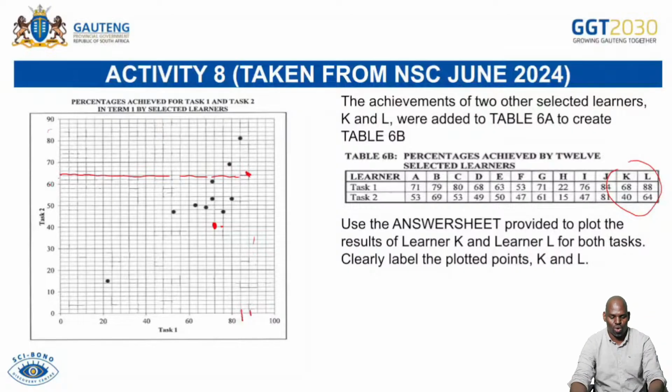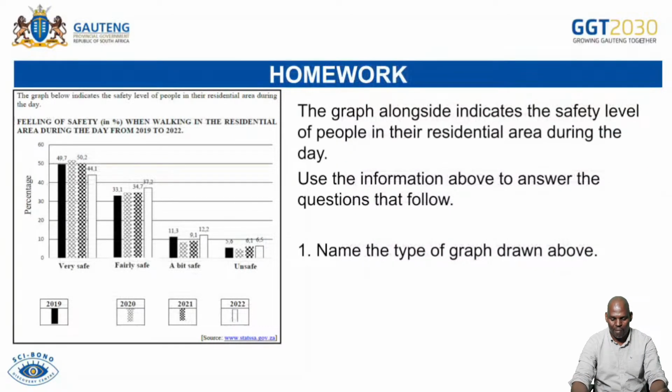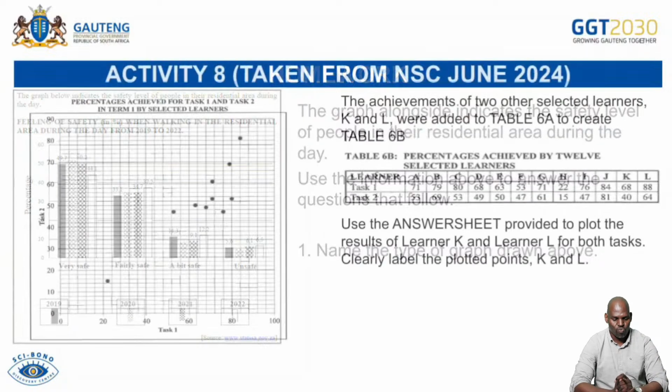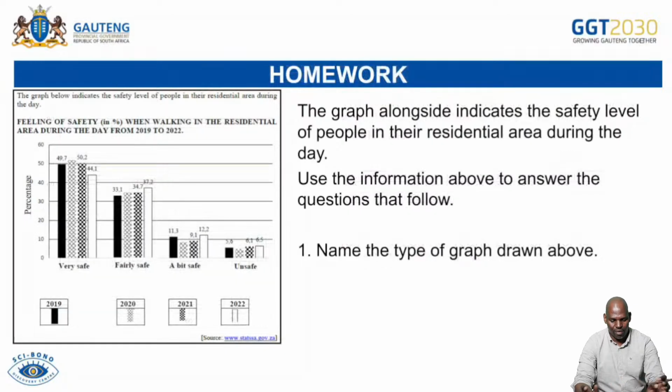Okay, boys and girls, this will bring us to the end of our lesson. But before we finish, this is just something that you have to do for homework. This is just an additional question for the homework. So the homework is based on similar graphs to the ones we are doing.